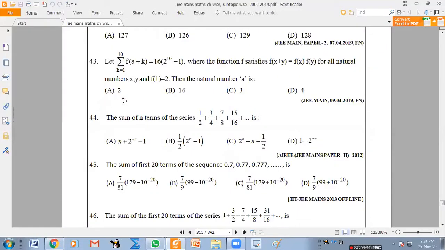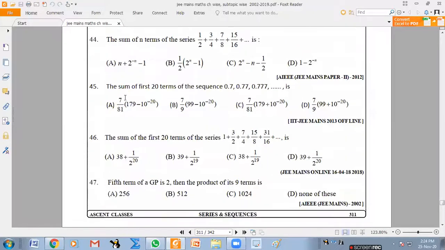Okay, I remember discussing 43 yesterday. Up to 43, any other doubt anybody has? No, no, sir. Okay. Up to 47. 45 also you have discussed. Yes, no doubts. Okay.